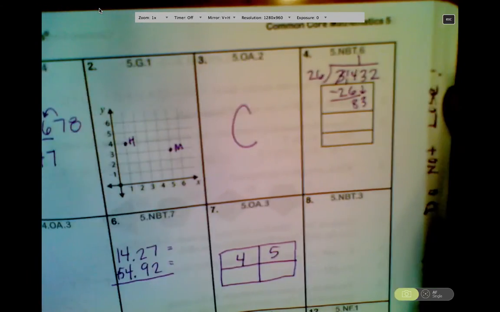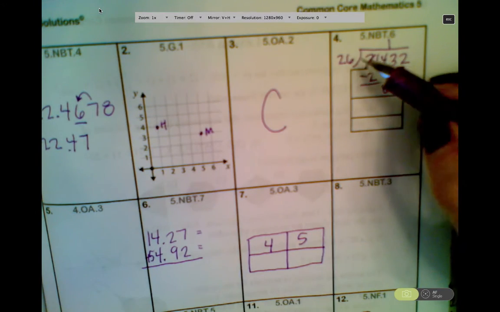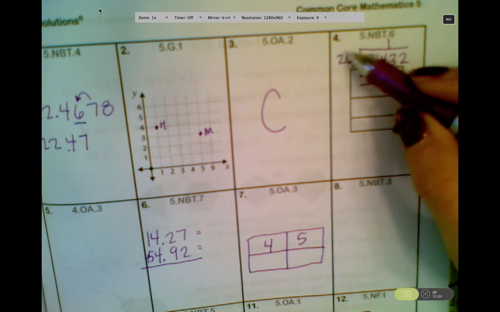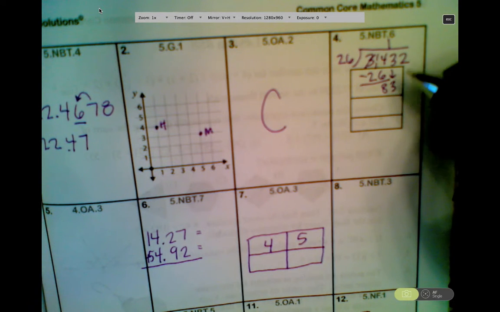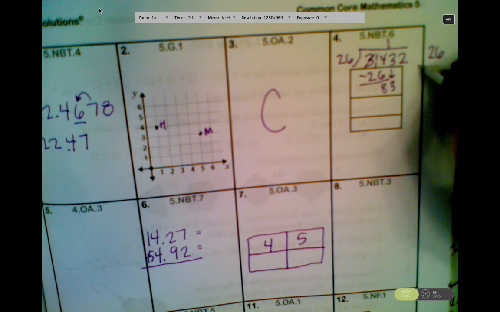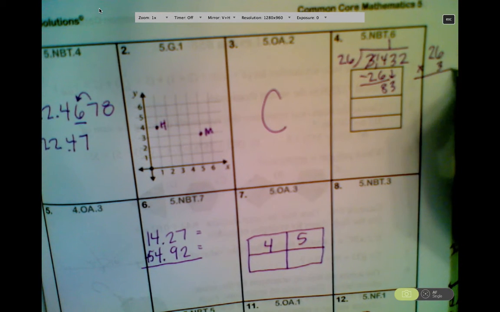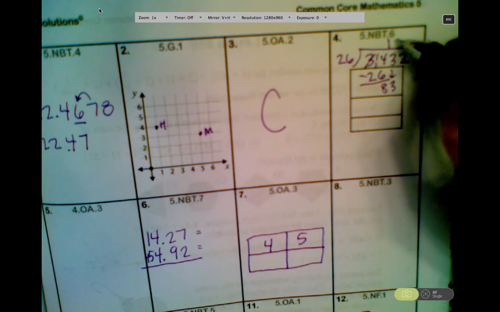Well, 26 is close to 30, and I know 30 can go into 80 about 3 times, maybe less than 3 times, so I'm going to start with 26 times 3. And when I do that, I get 78, so I know that's a good number.